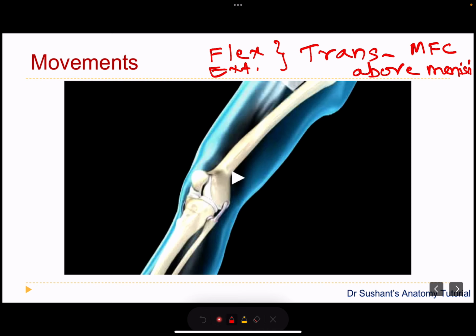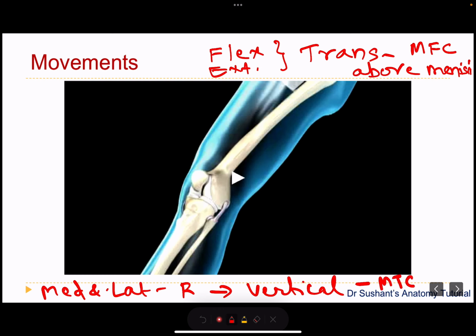There are also slight medial and lateral rotations, and these take place along a vertical axis in the lower meniscotibial compartment, below the menisci.